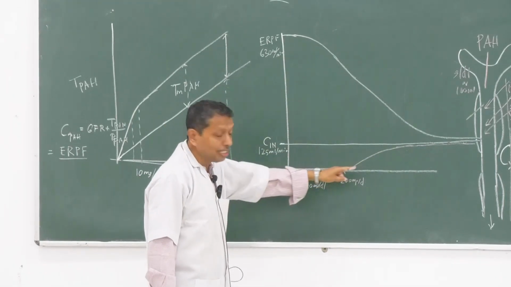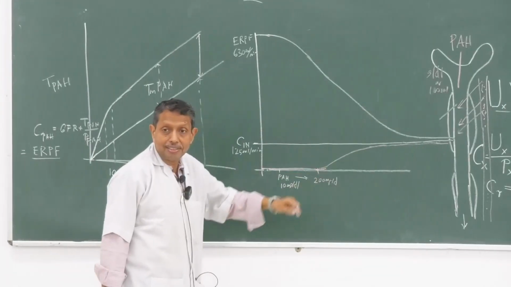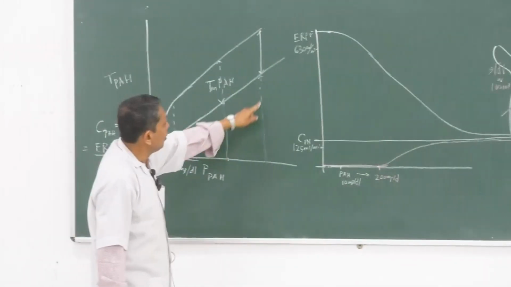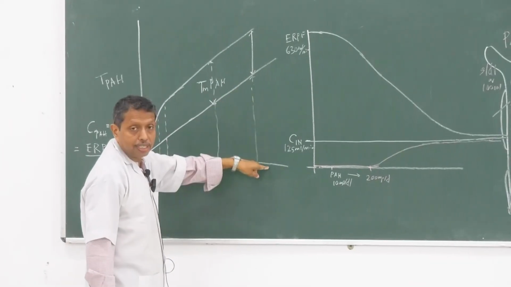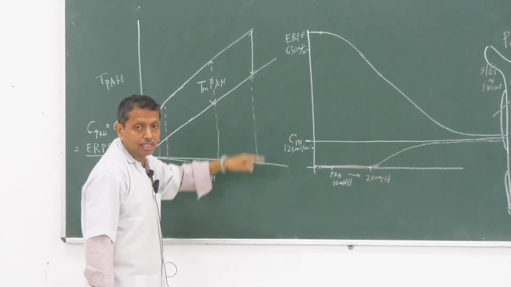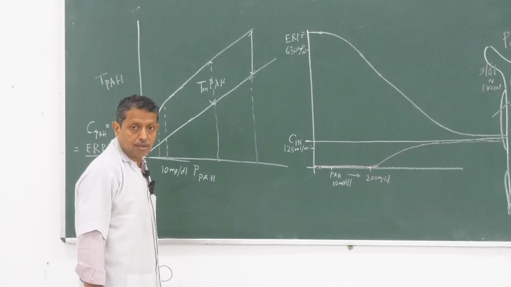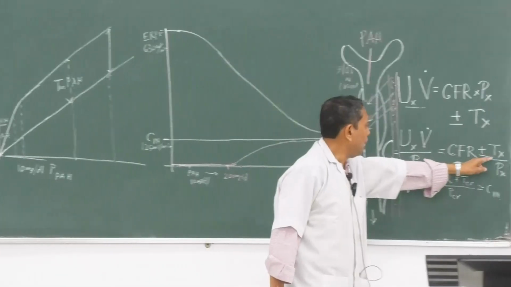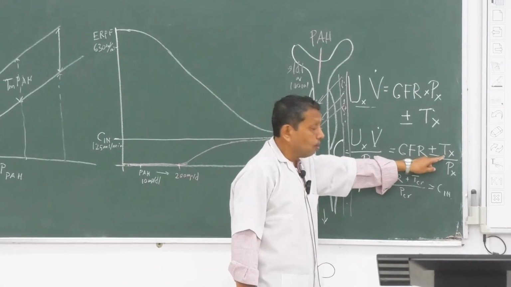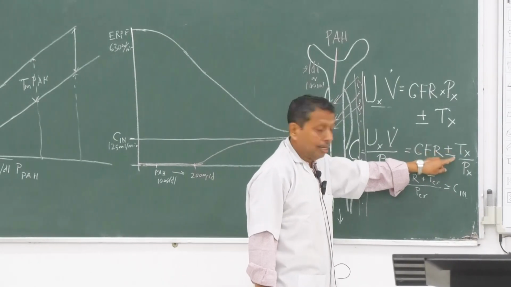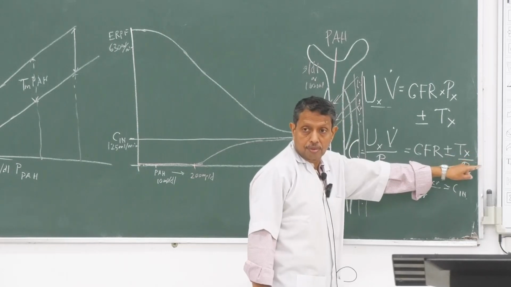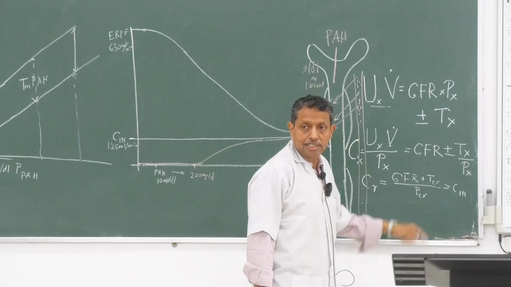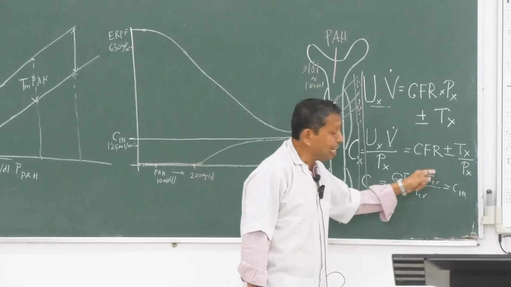But as the concentration goes on increasing, the value will be less and less, because from the figure it is apparent that this part remains constant, and the other part goes on increasing, and it will approach that of GFR but never touch it, and it is called asymptote.